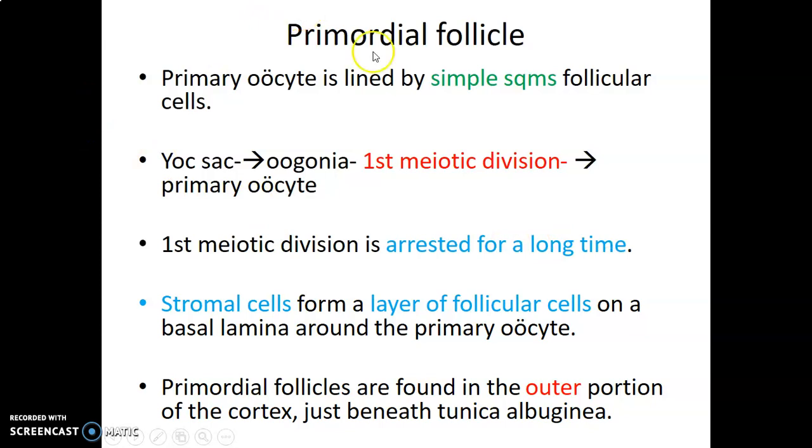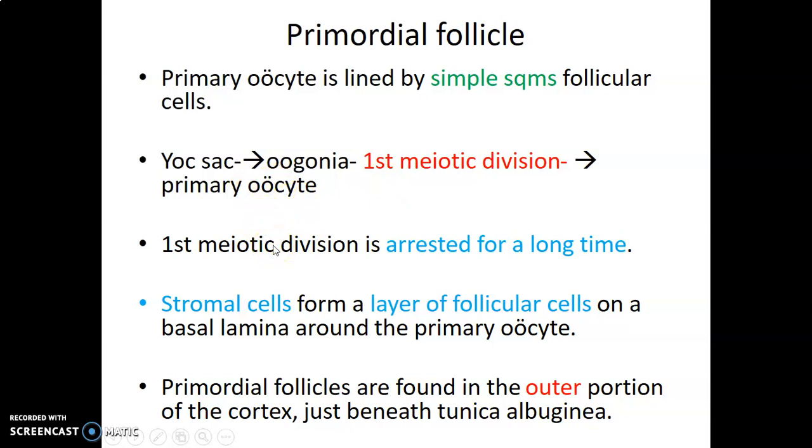So the primordial follicle is just a primary oocyte that is lined by simple squamous follicular cells, and this primordial follicle contains oogonia, which come from the yolk sac, and the oogonia undergo first meiotic division. So from oogonia, you're able to form the primary oocyte.